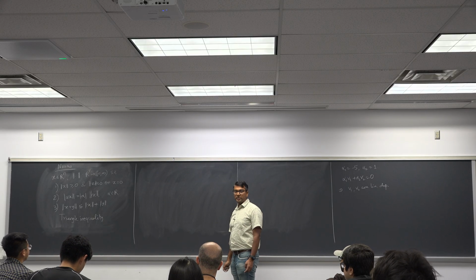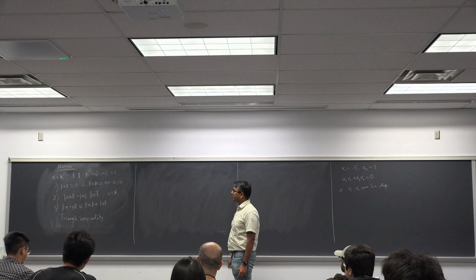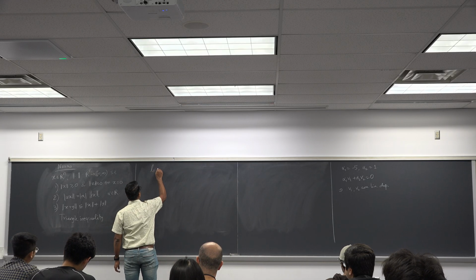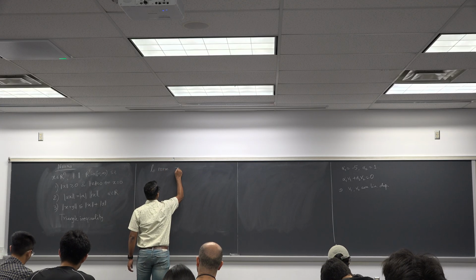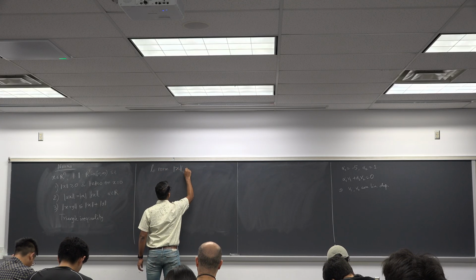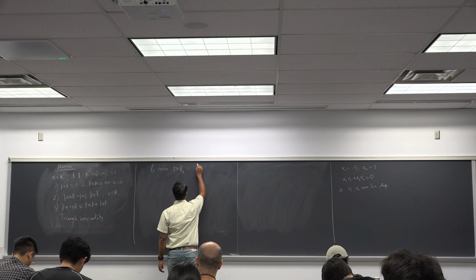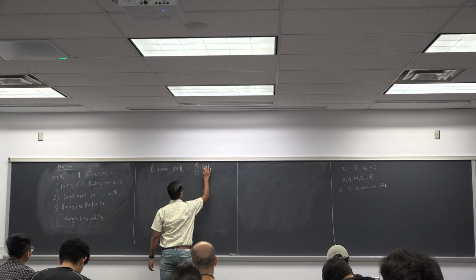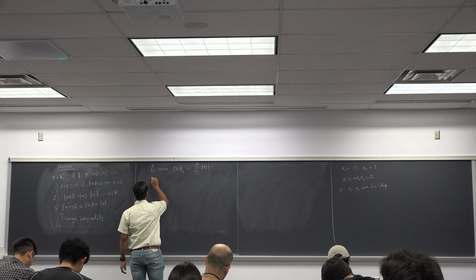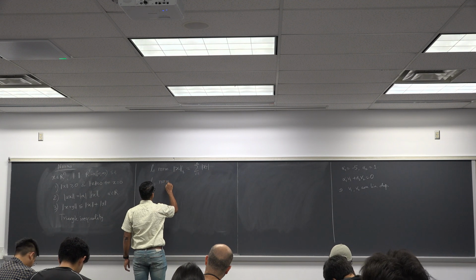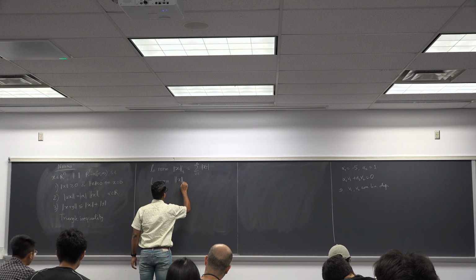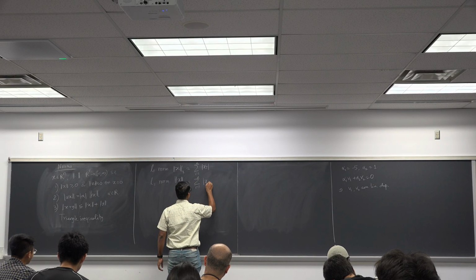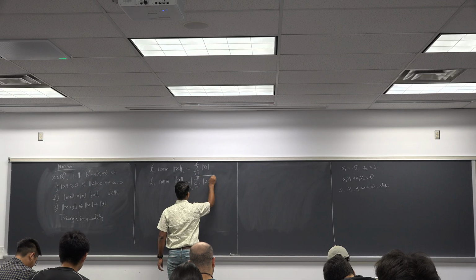So what are the different norms that would be studied in this class or perhaps in your project? We have the L1 norm, which is denoted by the norm with a subscript 1. This is the summation i equals 1 to n of the absolute value of xi. Then we have the L2 norm, which is the usual Euclidean norm, the square root of the summation i equals 1 to n of xi squared.